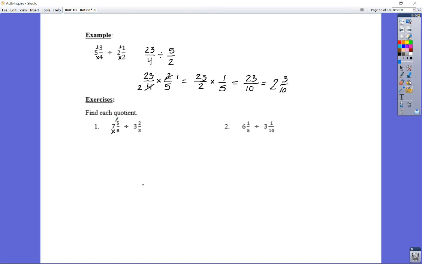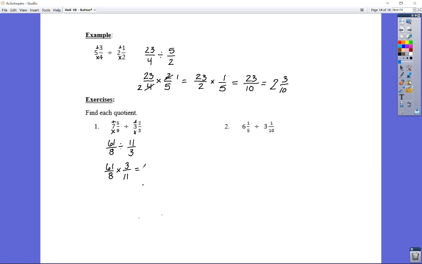8 times 7 is 56, plus 5 is 61/8, divided by 3 times 3 is 9, plus 2 is 11/3. Now we can stay, change, reciprocal, so 61/8 times the reciprocal, which is 3/11.